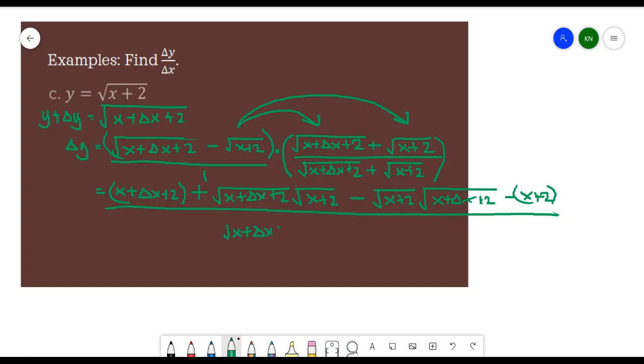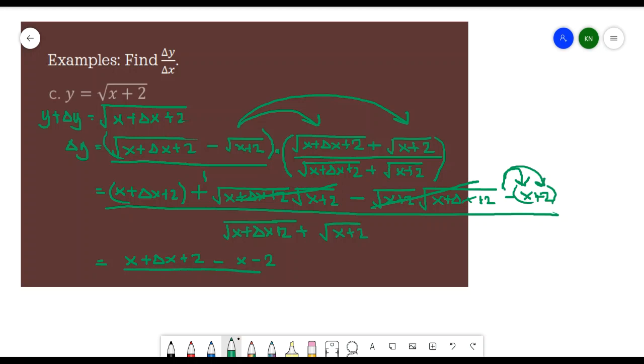And then we have to divide that by our denominator, which is square root of x plus delta x plus 2 plus square root of x plus 2. So we just have to copy this one. Now, we can cancel this, and we can also cancel this, since square root of x plus delta x plus 2 times square root of x plus 2 minus the same term in exactly the same terms is just equivalent to 0. So that gives us x plus delta x plus 2 minus x and minus 2, because this is minus, right? So minus x and minus 2.